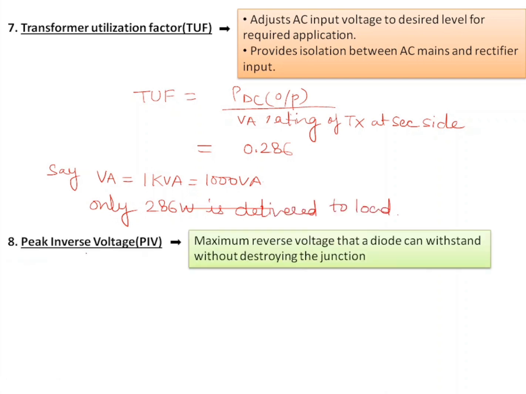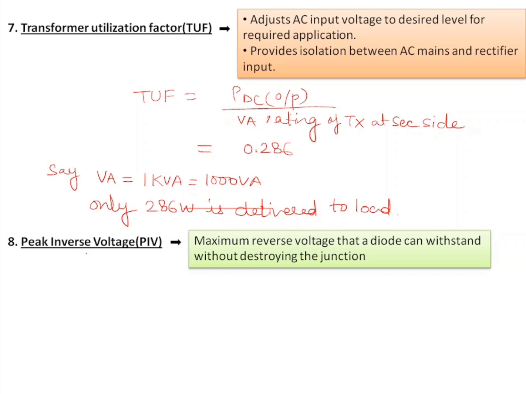Finally, peak inverse voltage. When a diode is reverse biased, it should be operated under a controlled level of voltage, because there is a maximum voltage above which it may get damaged. So we must know about that maximum voltage.